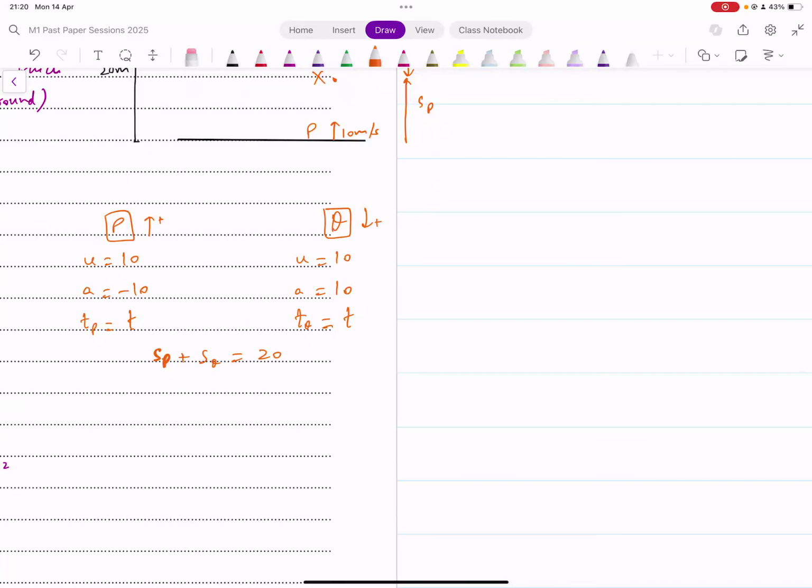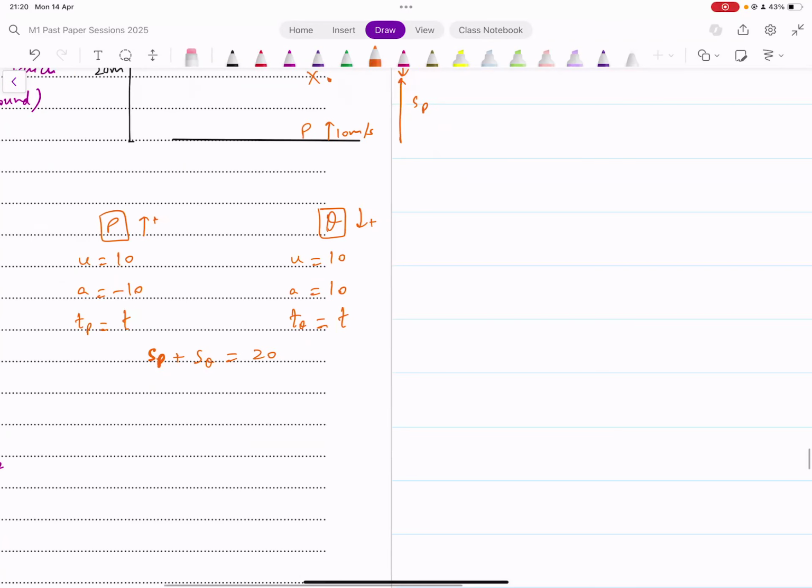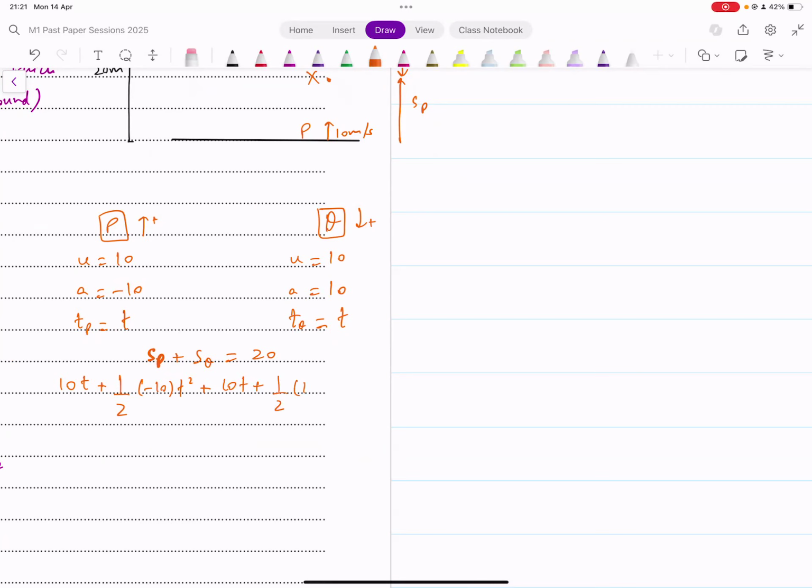Yes. Okay. Let's input values in this now. S equals ut plus half at square. So for P, it will be 10 into T, which is T, plus half into A, which is minus 10 into T squared, plus U, which is 10 into T, plus 1 over 2 into 10 into T squared. That equals 20.